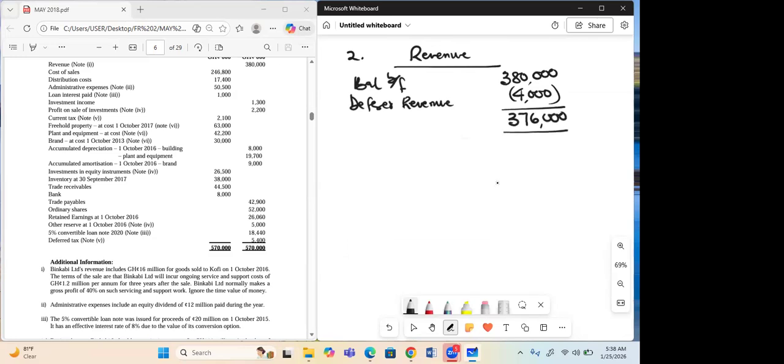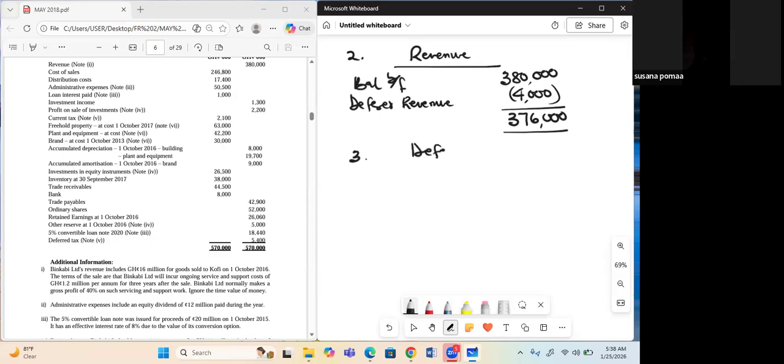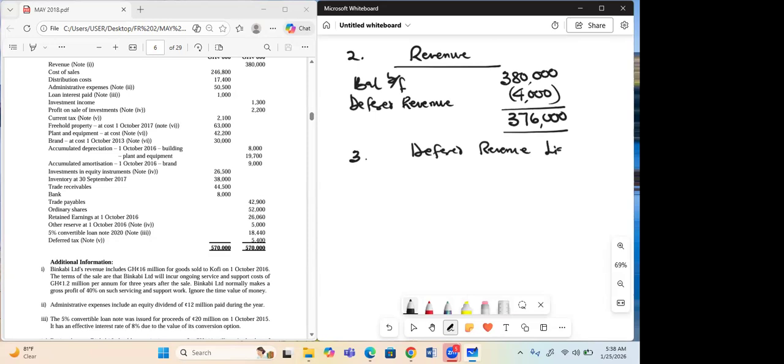So now the deferred revenue we've taken is 4,000. So we have to split it into a current and a non-current, right? Yes. So the deferred revenue liability, we have to split it into current and non-current.